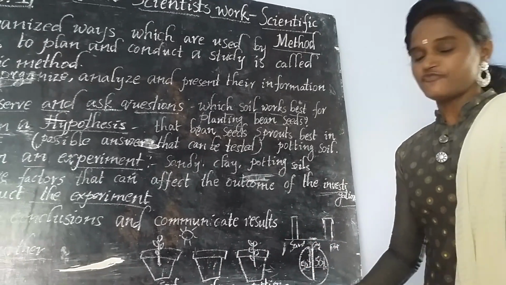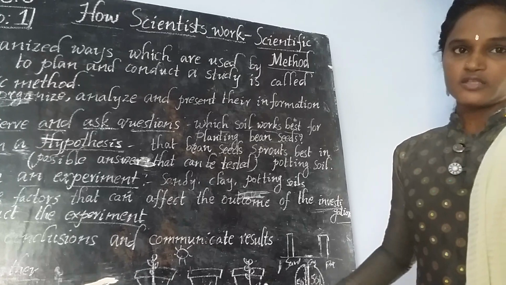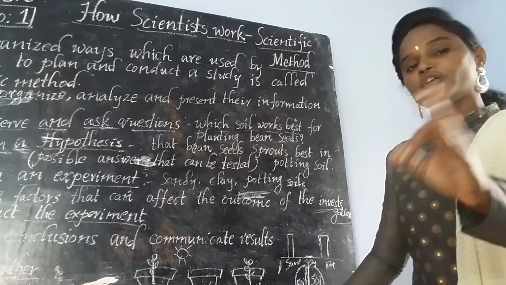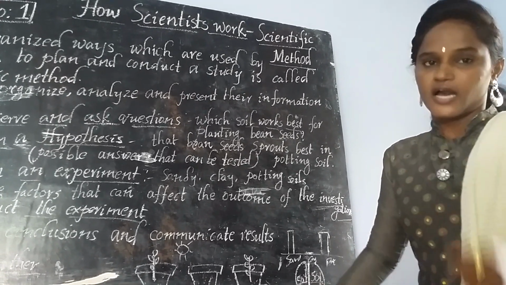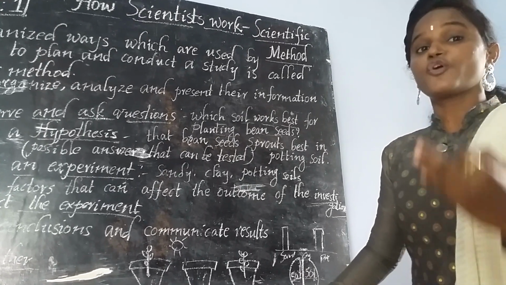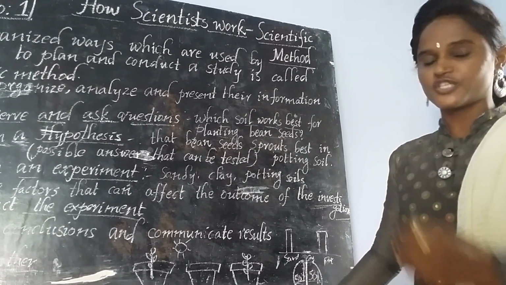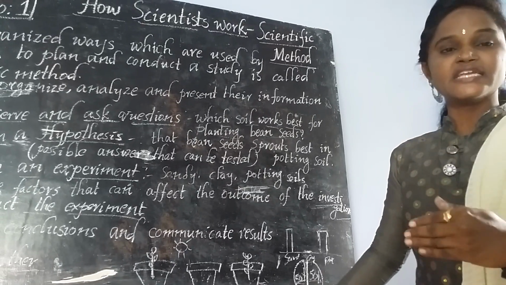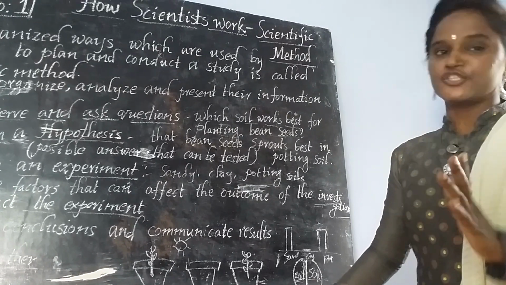Later, if your hypothesis is wrong, then you need to go for another hypothesis, another possible answer. If your hypothesis is correct and you have more interest to know about the same question, then you may create another question on the same topic.